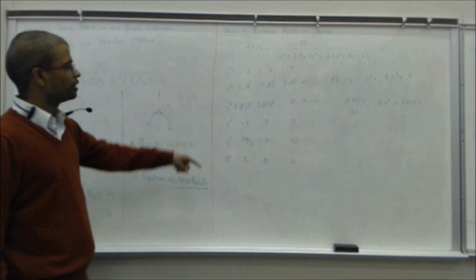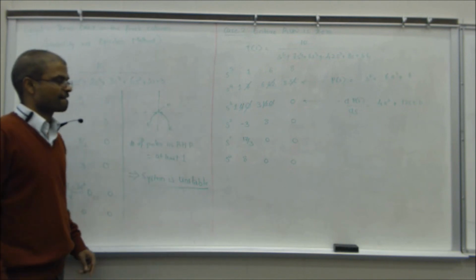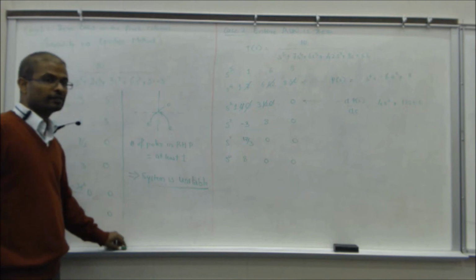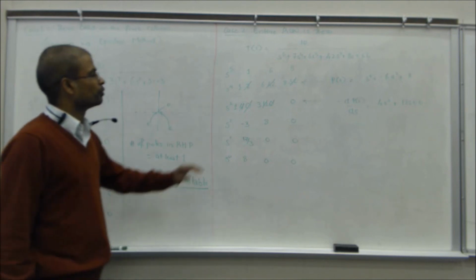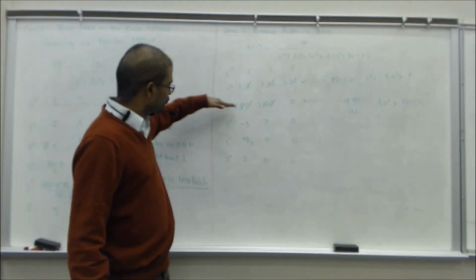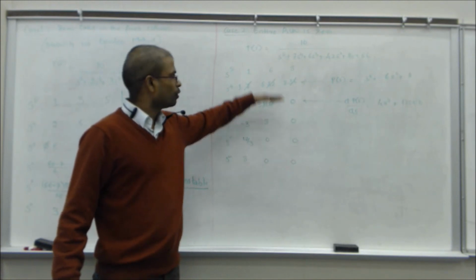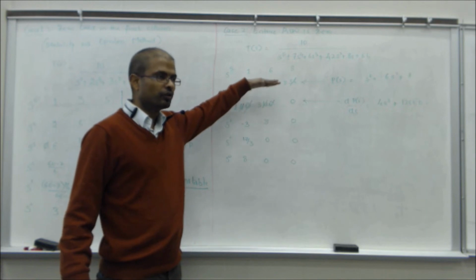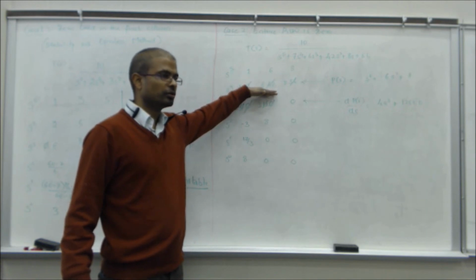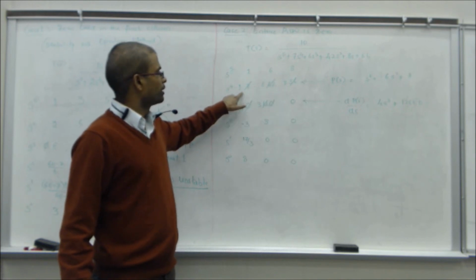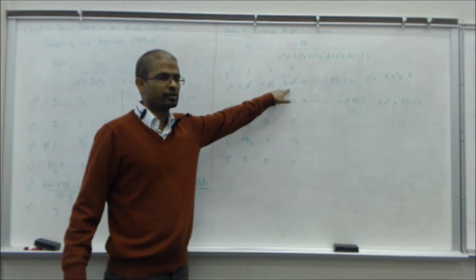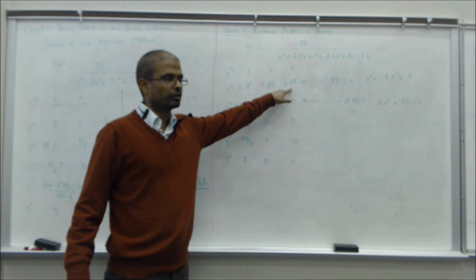So, what do you see here? Whatever row ends up being all zeros, you go one row up and form the polynomial. So this would be S^4, S^2, S^0, constant.